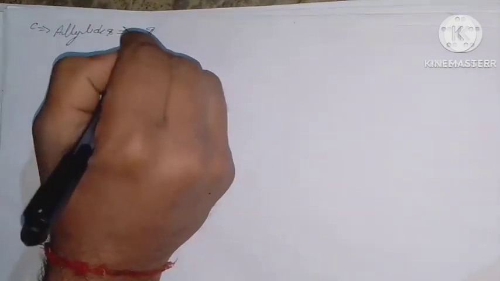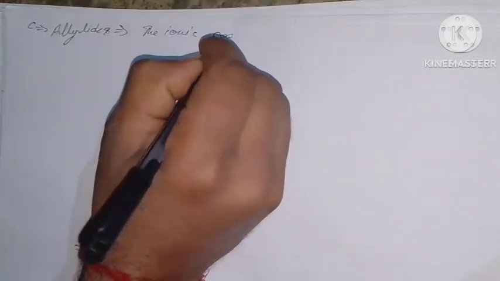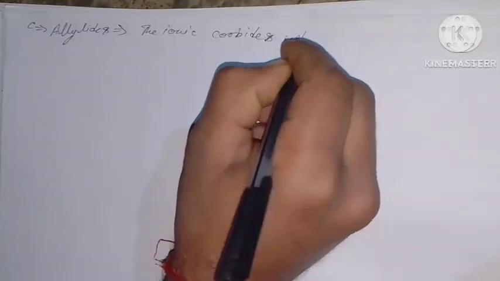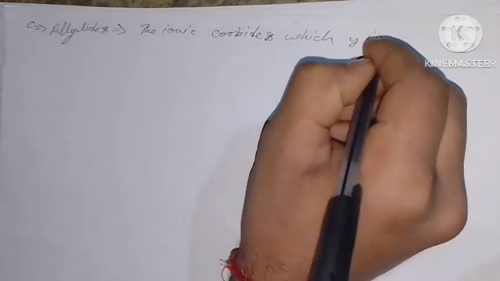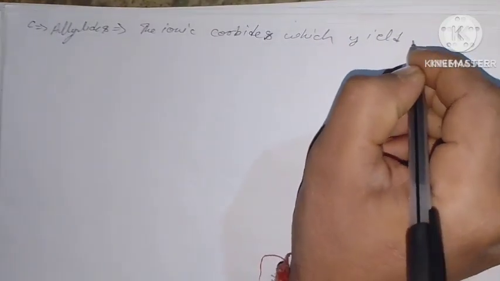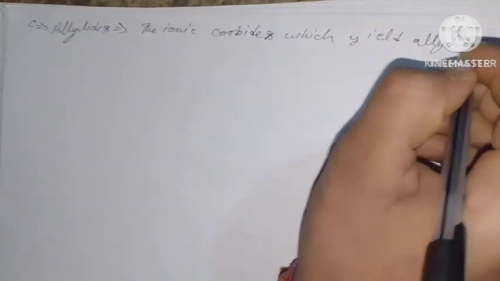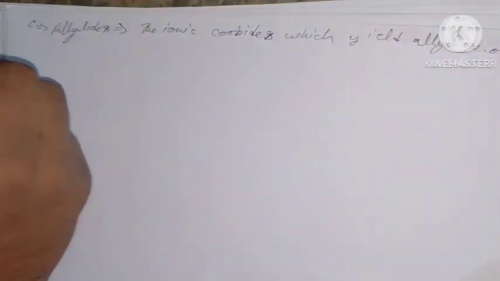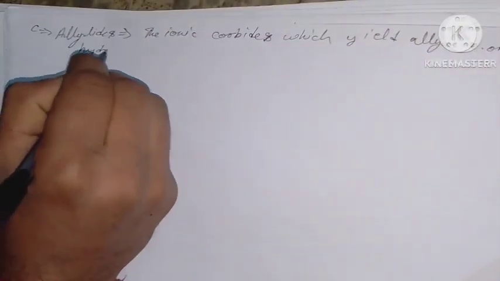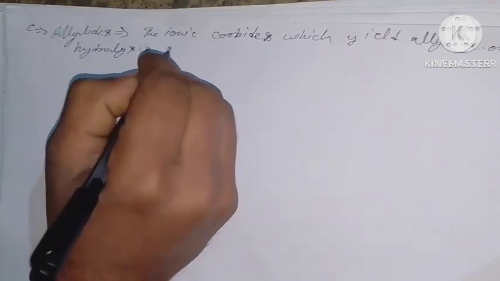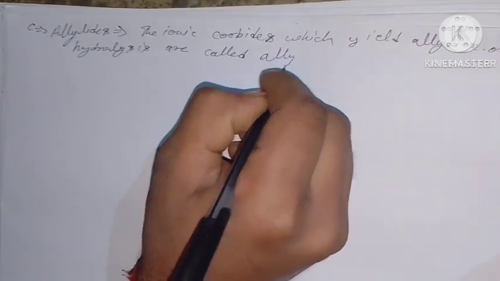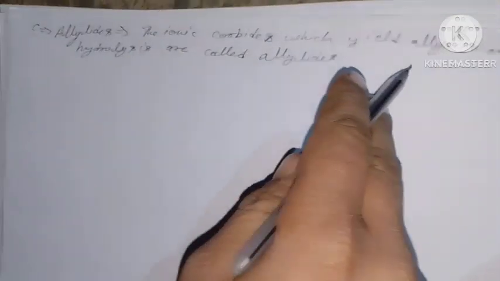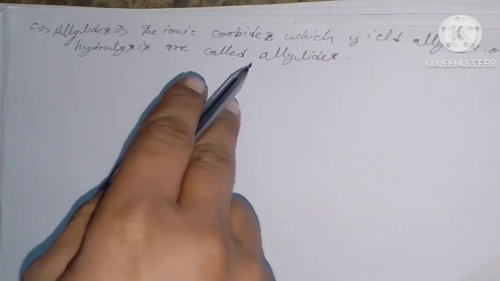The ionic carbides which yield allylene on hydrolysis are called allylides.